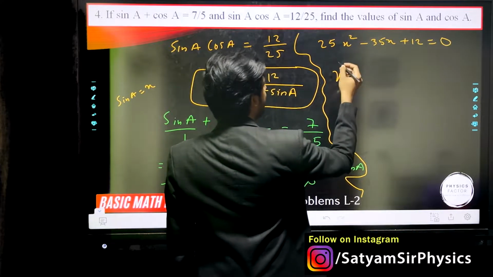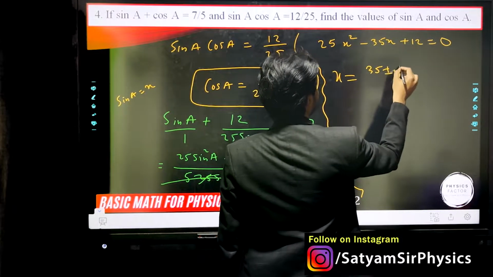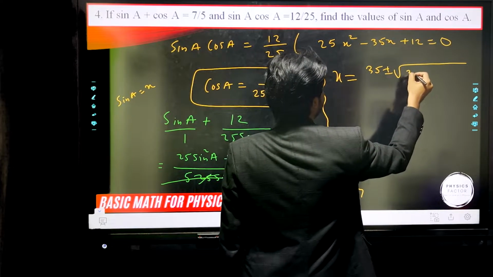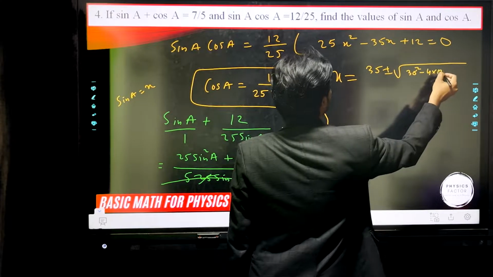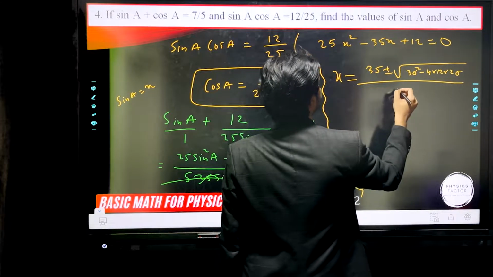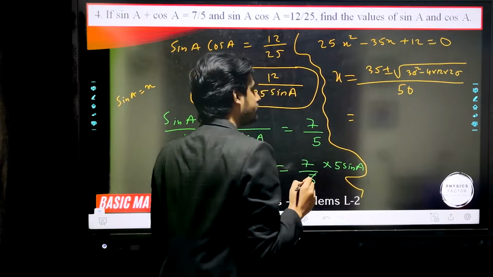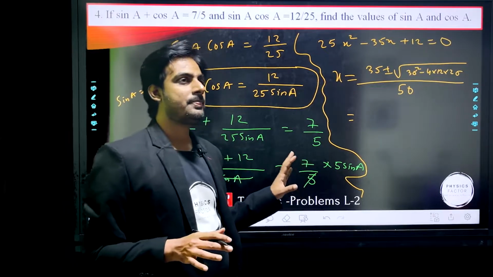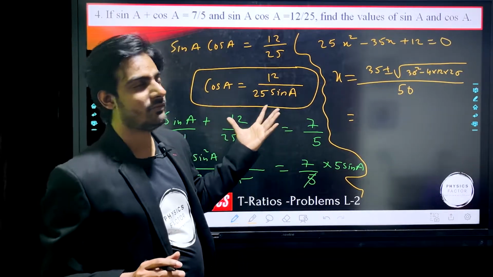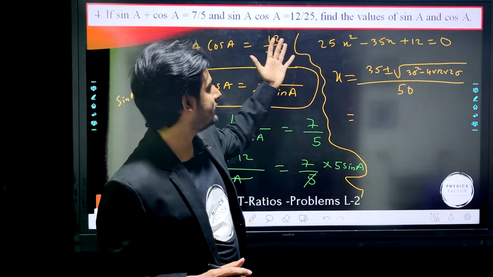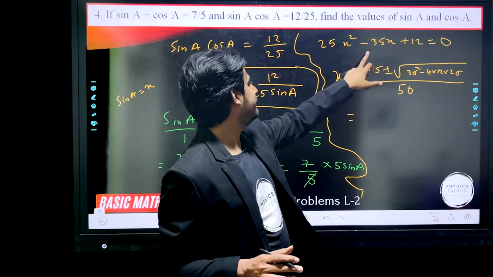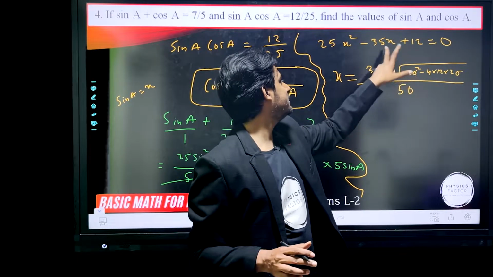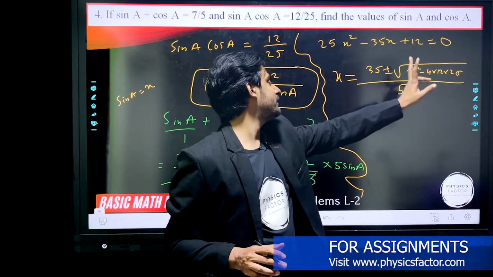So we'll use the quadratic formula: minus b, 35 plus minus square root of 35 square minus 4 into 12 into 25, upon 50. Those who don't know, look at the formula for a quadratic equation. You will get it on the internet. Learn how to solve a quadratic equation. I don't want to explain it here. So I've just used the formula: minus b plus minus root of b square minus 4ac.